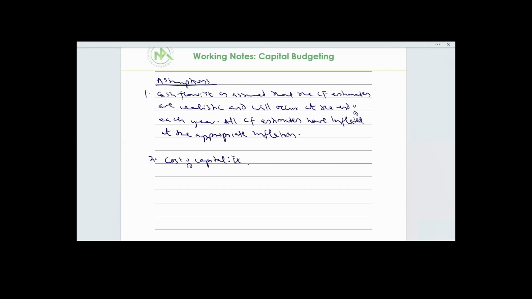You say it is assumed that the cost of capital of 12%, given, is appropriate and consistent with the cash flow.